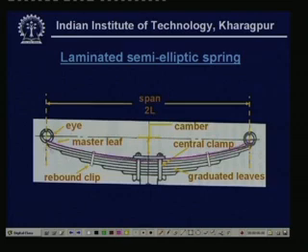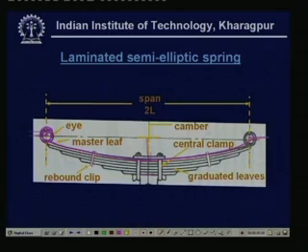This is the eye for attaching with the automobile bodies or something like this. The amount of bend that is given is called the camber, and this is the central clamp, and the bolts are also there, bolted to this one. This is called the central bolt, and these are all graduated leaves.